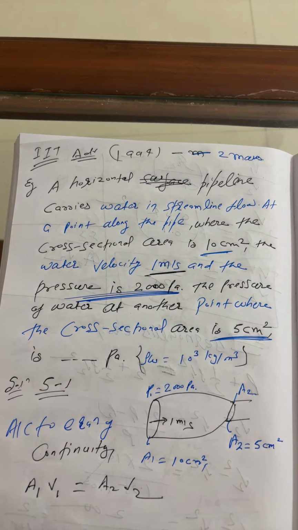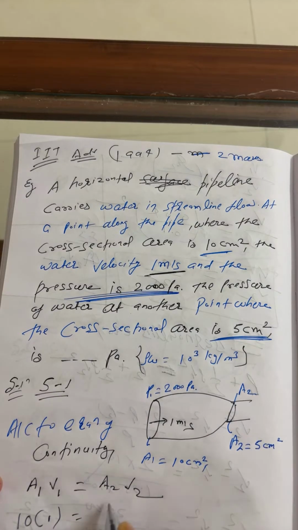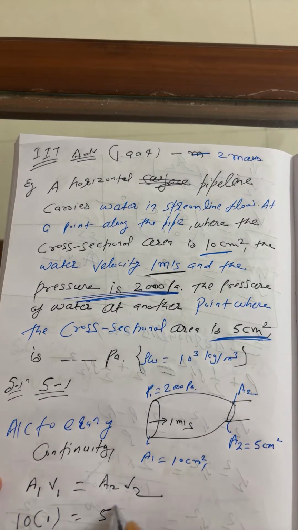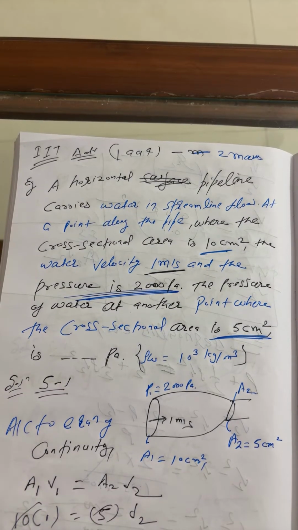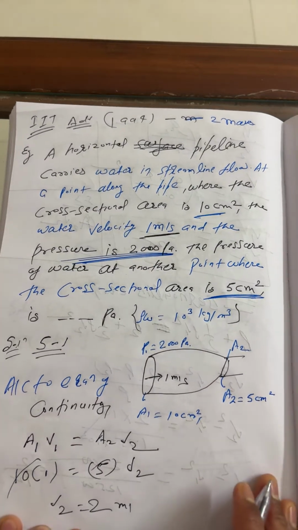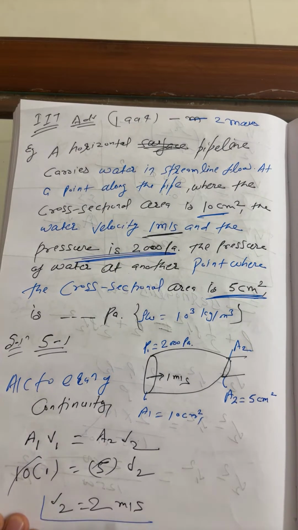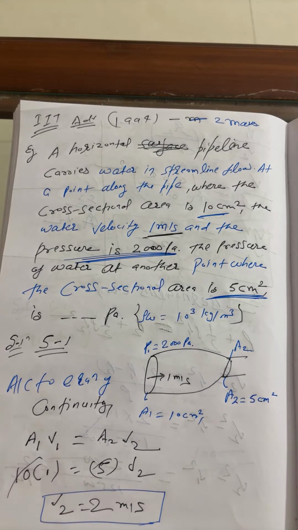V1 is 1, A2 is 5, so V2 is equals to 2 meter per second. If all of you got the same answer, show your reaction, everyone.